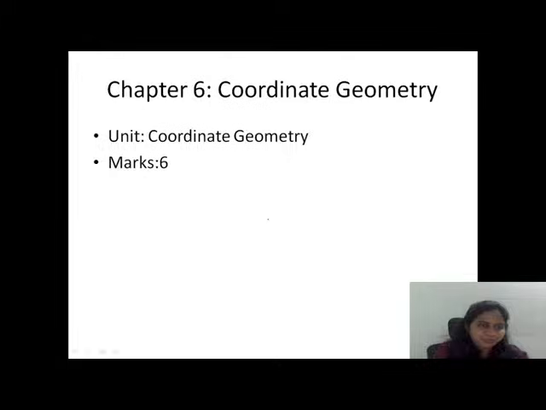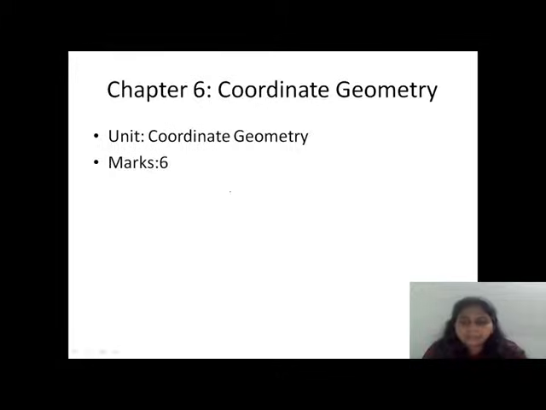Yes. Done. So in coordinate geometry, there are only 2 to 3 formulas. If you know these 3 formulas, you can crack out full marks.